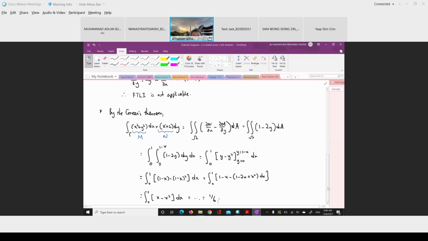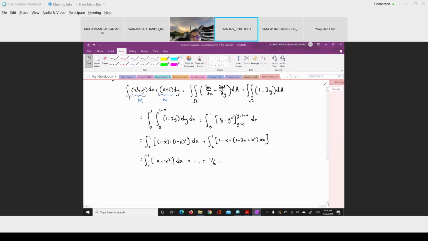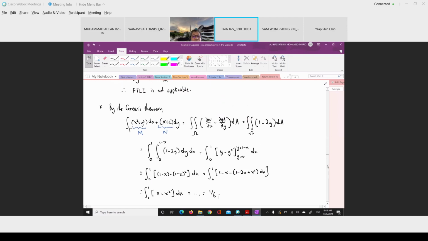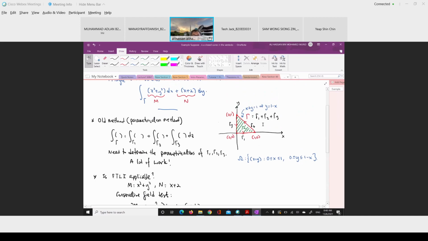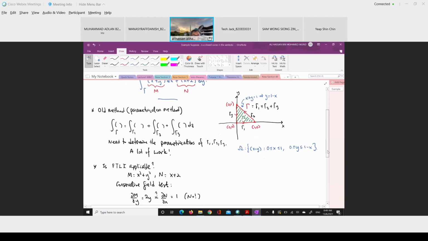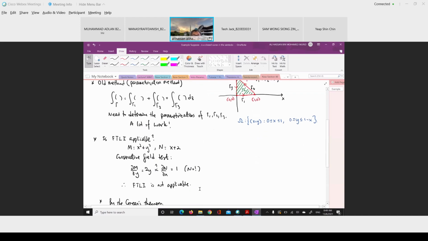When I see the question, the gamma is a closed loop, so can I strictly go to use Green's theorem? You should think that Green's theorem is applicable, but sometimes FTLI is also applicable, and because this is a closed curve, you should immediately conclude that it is equal to 0.